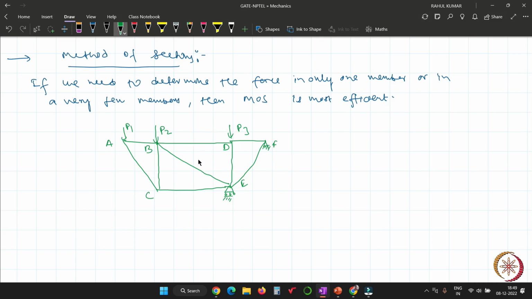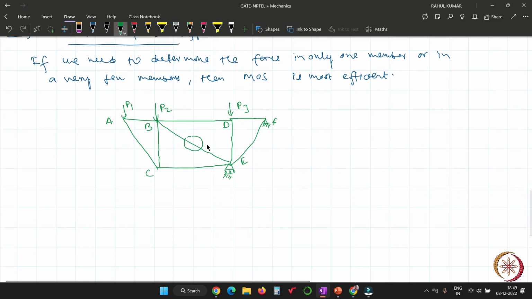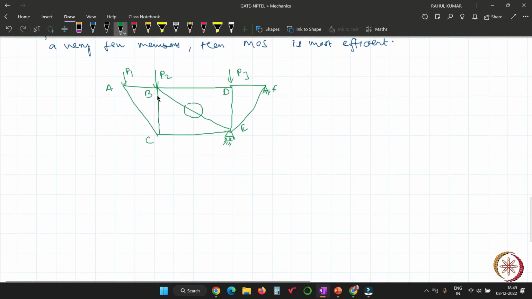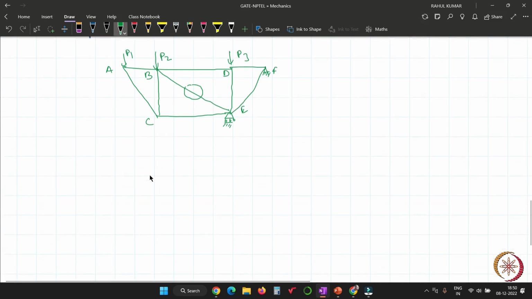Suppose you want to determine specifically the force in this member. If you apply the method of joints, then you have to find forces. If we want to determine the force in this member, you have to take this joint and determine the force in this member, this member, this member. Then you are able to determine the force in this member.